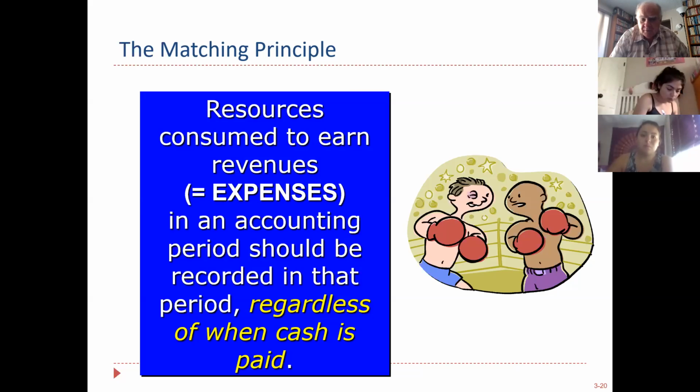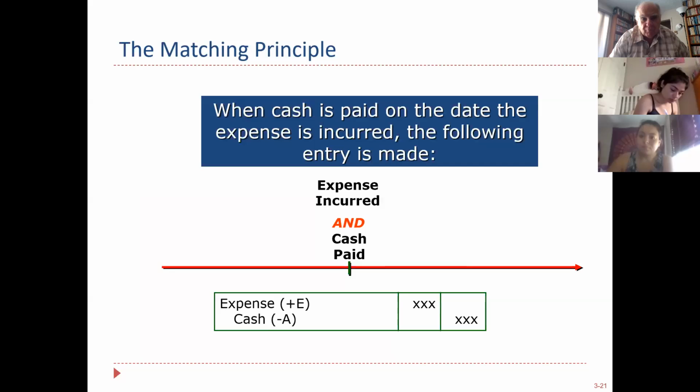In other words, you had sales of $100,000. You want to make sure that if you had any advertising done that month, you record that advertising expense that month, and maybe not when you pay it the next month. So matching means matching revenues and expenses.